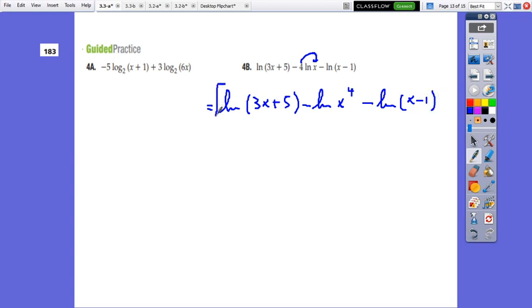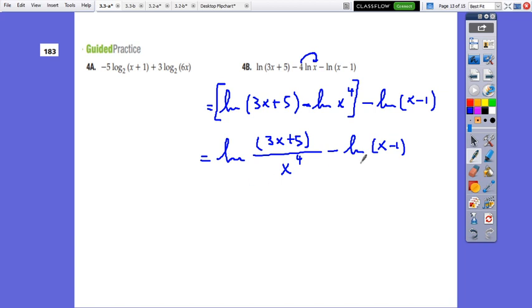I will take the first two first, and because it's minus between them, the minus came from division, so I will condense ln 3x plus 5 over x to 4, minus ln x minus 1, and condense again, it will be ln 3x plus 5 over x to 4 times x minus 1.